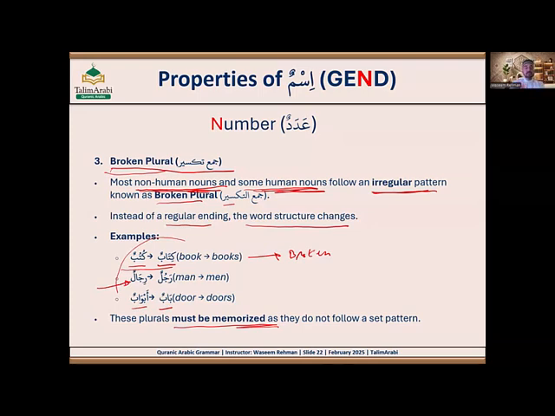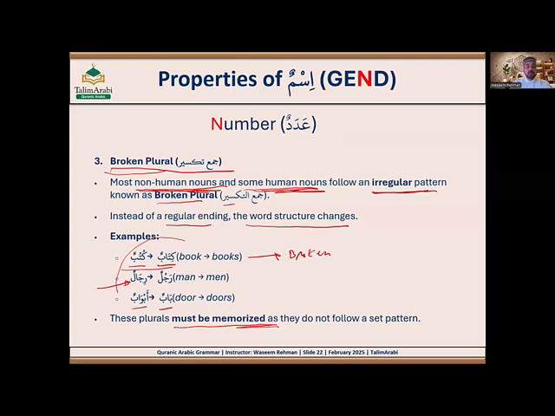If I say mohandisatun, a female engineer, what are you going to do? You will add atun at the end. Mohandisatun, mohandisatin, right? So it's easy. But for broken plural, there is no pattern. So you have to have a memory for that. If you don't know the plural of a word, you have to follow a dictionary, same like an English dictionary, right?